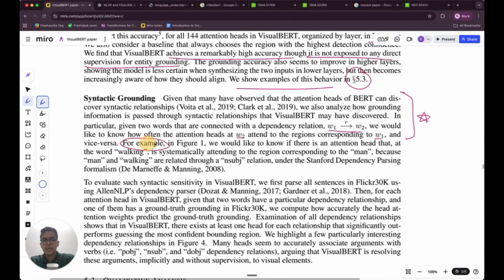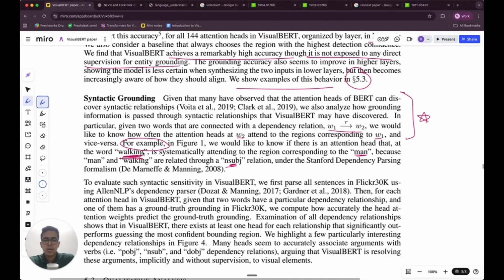So now we are at the specific example. For example, in figure 1, we would like to know if there is an attention head that at the word walking is systematically attending to the region corresponding to the man, because man and walking are related through the nsubj relation. Basically, man is the person who is walking.